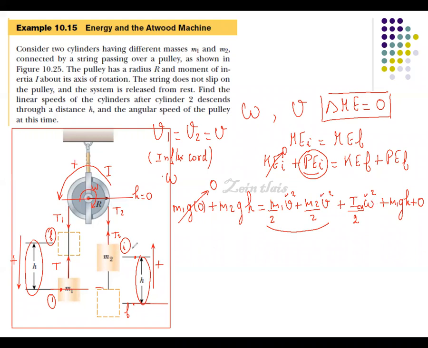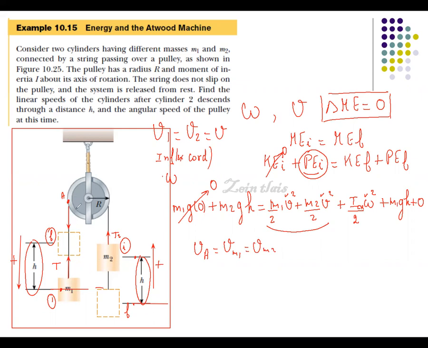You know, here we have a relation between V and omega. The chord is passing through this point A. The velocity of M1 equals the velocity of the point A, because the chord is passing through the point A. So the velocity of the point A equals the velocity of M1 equals the velocity of M2.